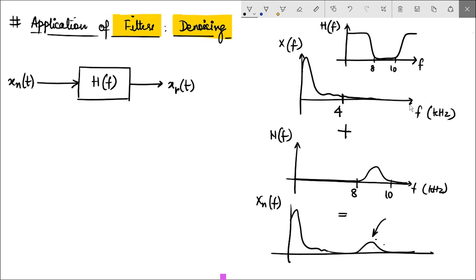Another property of frequency analysis is that if everything is in terms of frequencies, that means the frequency spectrum of the input signal is known and the frequency response of the system is known, then the frequency spectrum of the output signal can be written as simply the product of the system with the frequency spectrum of the input.